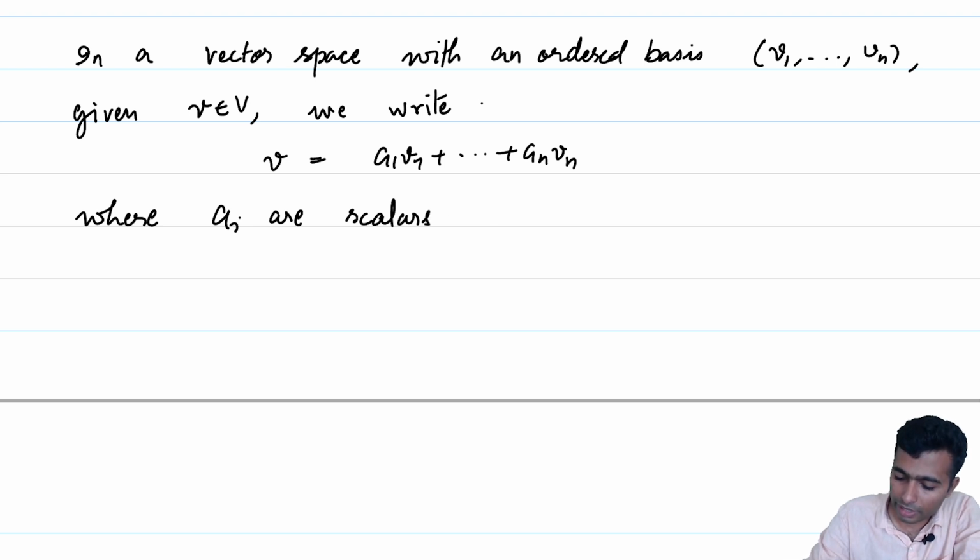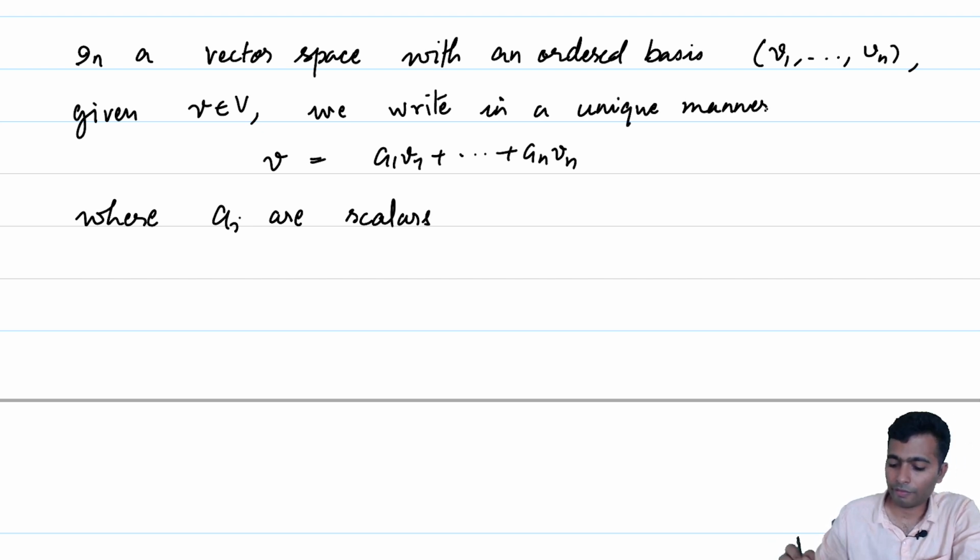We can write V in a unique manner as this particular linear combination.